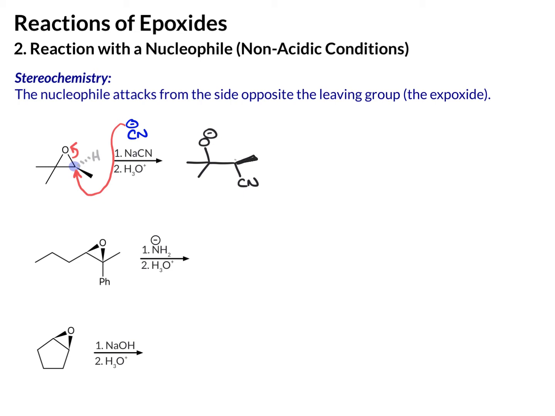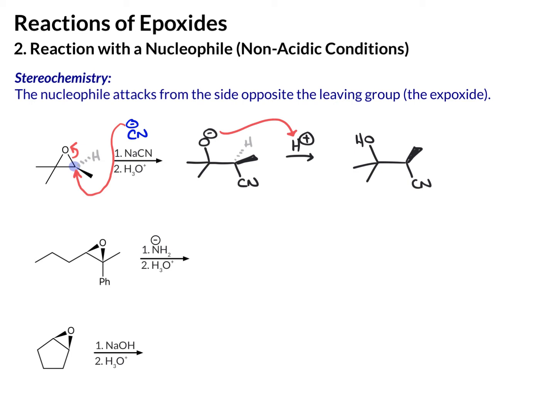And if you want to draw it in, the hydrogen is back. Now this, of course, in step 2 gets protonated. So we protonate the oxygen. And I'm going to leave the hydrogen implied. So there's the final product.